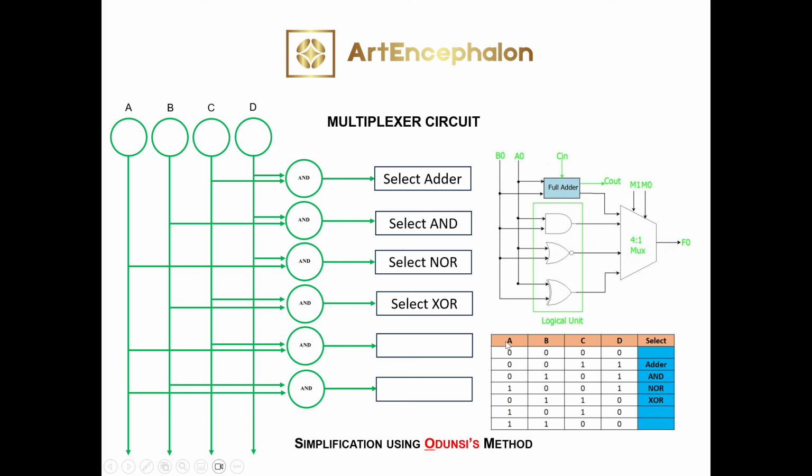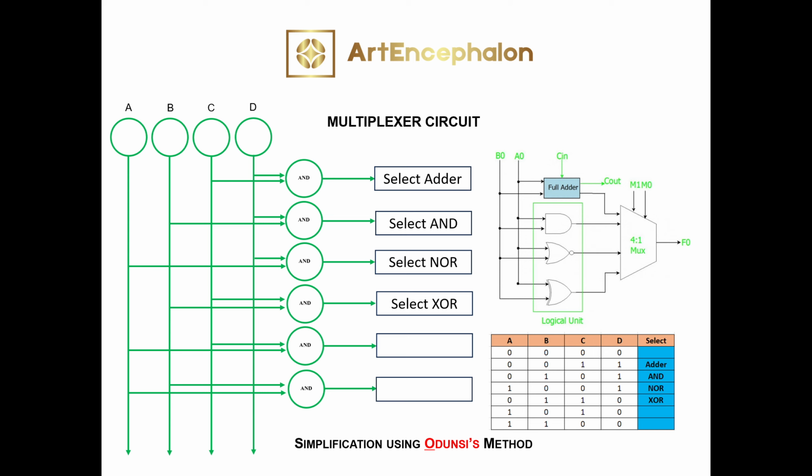So you'll find where I have A, B, C, D. For the first one, we say C and D, 2 bits, or in the second one, B and D, or in the third one, B and C, or A and C, or A and B. So rather than having 2 raised to the power of 3 or 2 raised to the power of 4 as we have in logic circuits, what we have is a combination.